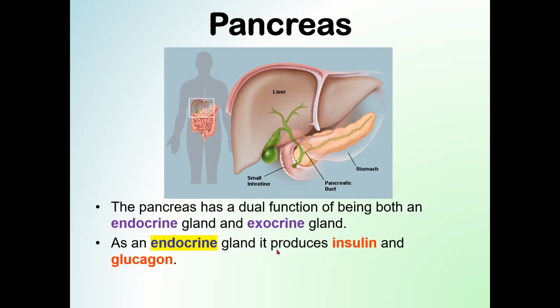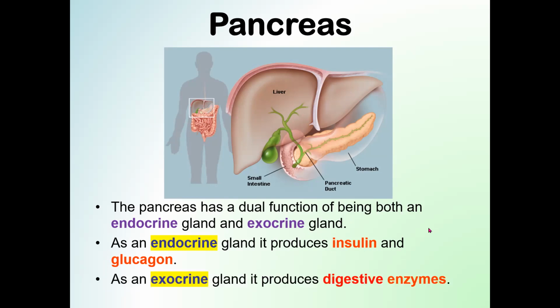So the two endocrine products in the pancreas are insulin, which you've all heard of, and some of you may even be using, and glucagon. I'll get to that in a half a sec. And as an exocrine gland, it also produces the digestive enzymes. Okay, so endocrine, the hormones, exocrine are the enzymes.